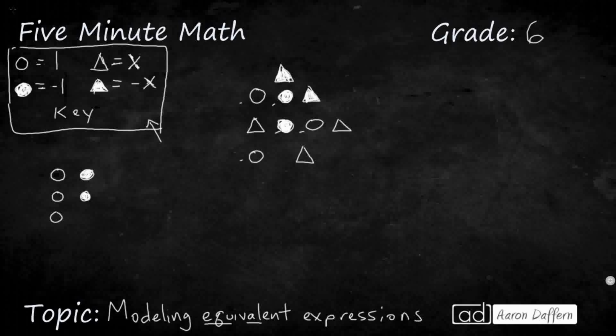Then I'll do the same thing with my triangles. I've got 1, 2, 3 empty or open triangles, and then I've got 2 closed ones, or 2 filled in ones. Let's fill those in.